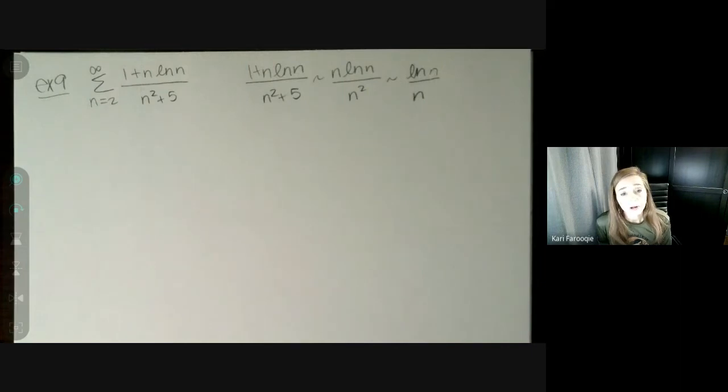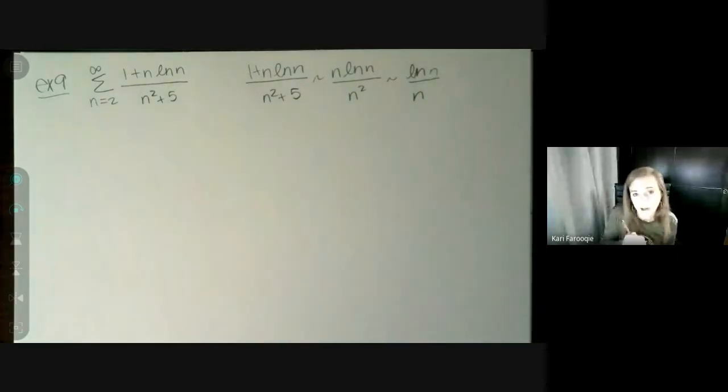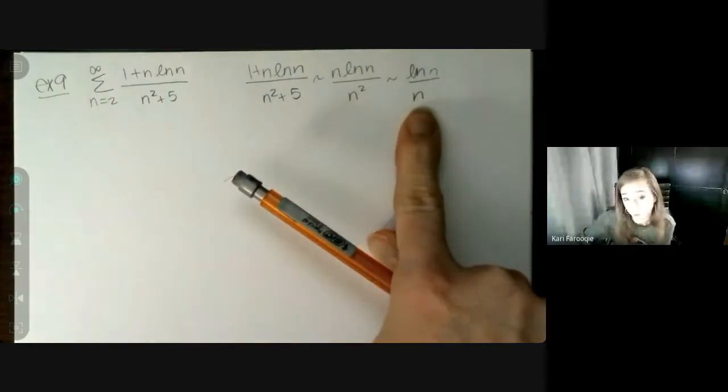Now, this is where it gets a little bit trickier because when there's a natural log involved, there are a lot of different ways in which you could compare that natural log to another series. A lot of times with something like this, you would say that because the natural log grows so slowly, it's not really affecting what's happening to this fraction.